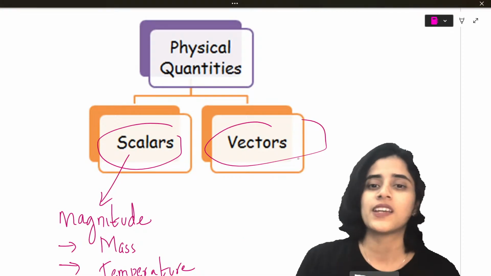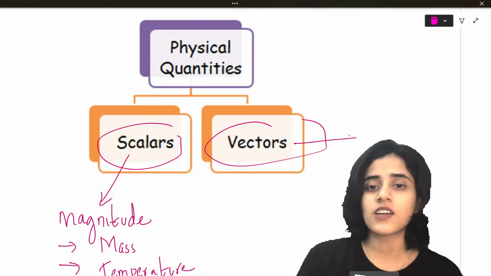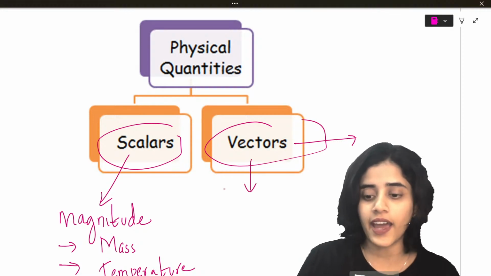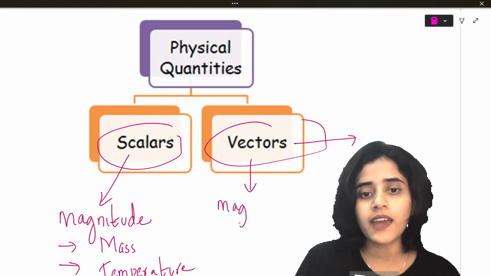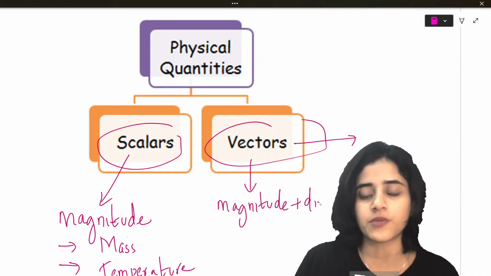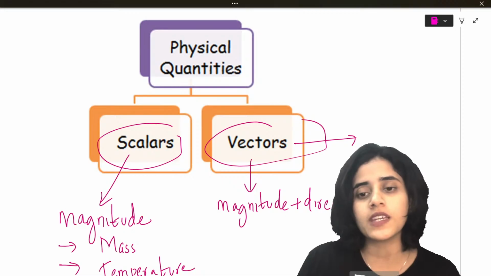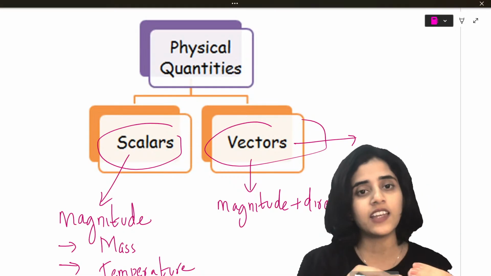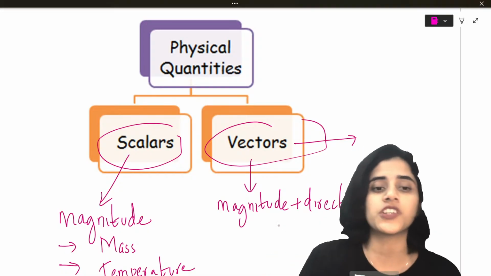Now, vectors, on the other hand, are physical quantities that have magnitude plus direction. Which means if you want to talk about a vector quantity, you have to look at what its value is and in which direction it is moving.